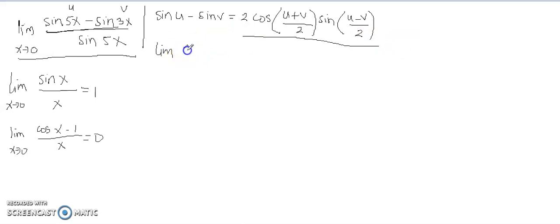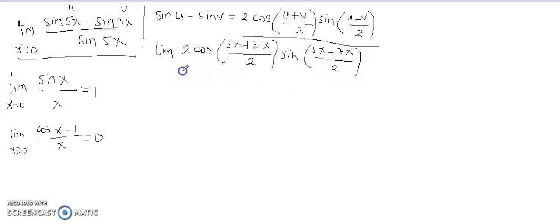So, 2 cosine, what is u? 5x, diba? 5x plus v natin is 3x divided by 2 times sine u is 5x minus 3x divided by 2, all over, huwag natin kakalimutan, sine x.